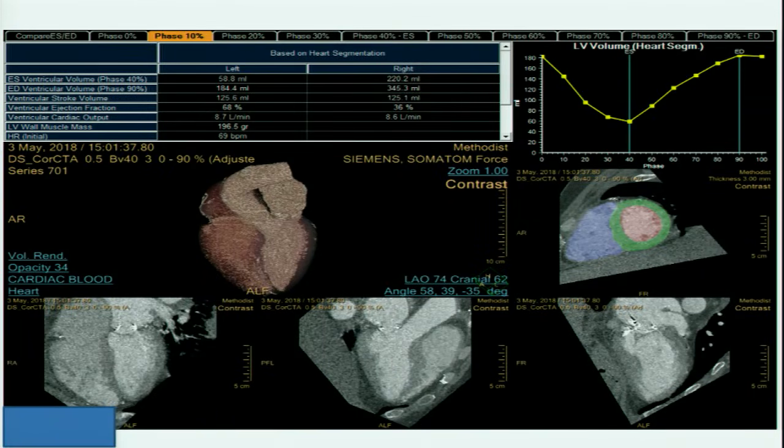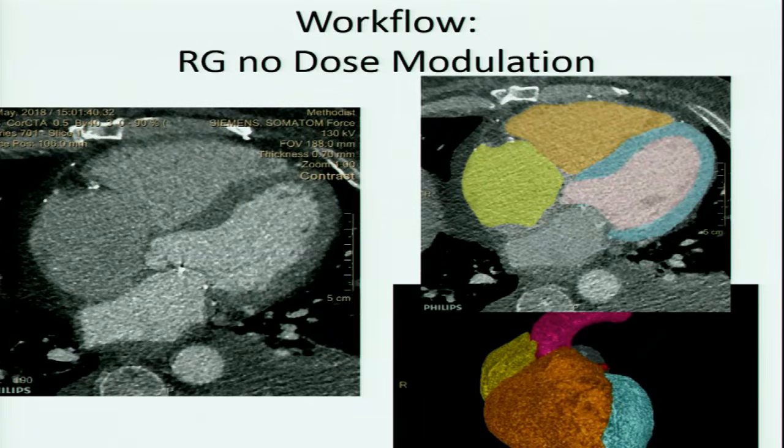So again, we generate a time-volume curve. In this case, we only reconstructed 10 phases. If we reconstruct the cardiac cycle into 20 phases, usually you get a higher ejection fraction, which is true or not, is open for debate. Again, this is completely automated. I think the interesting thing is that the software has gotten so much better.